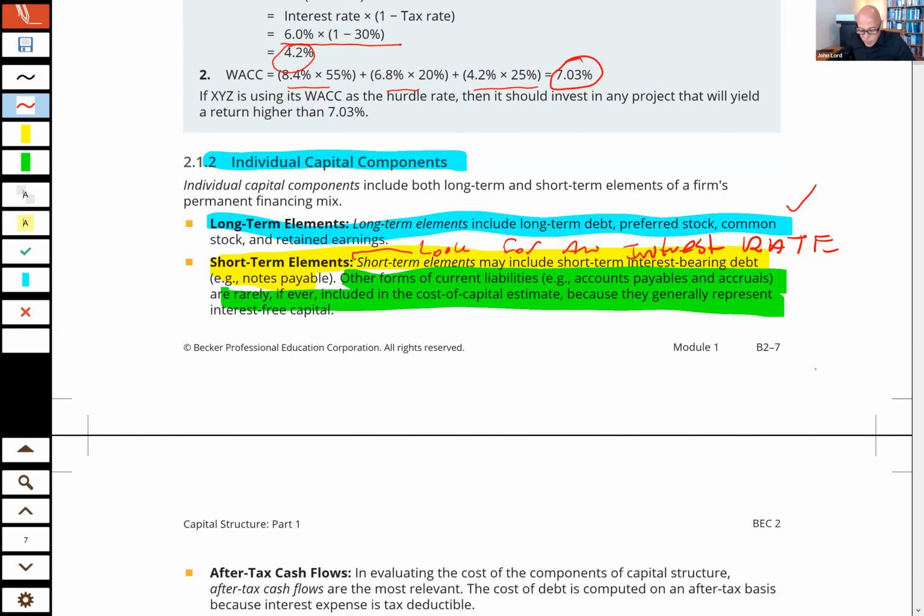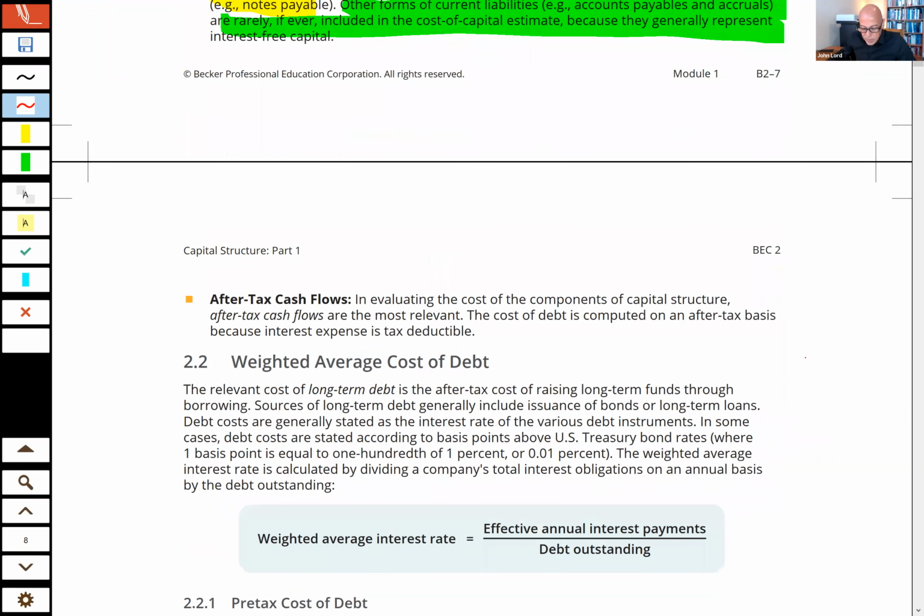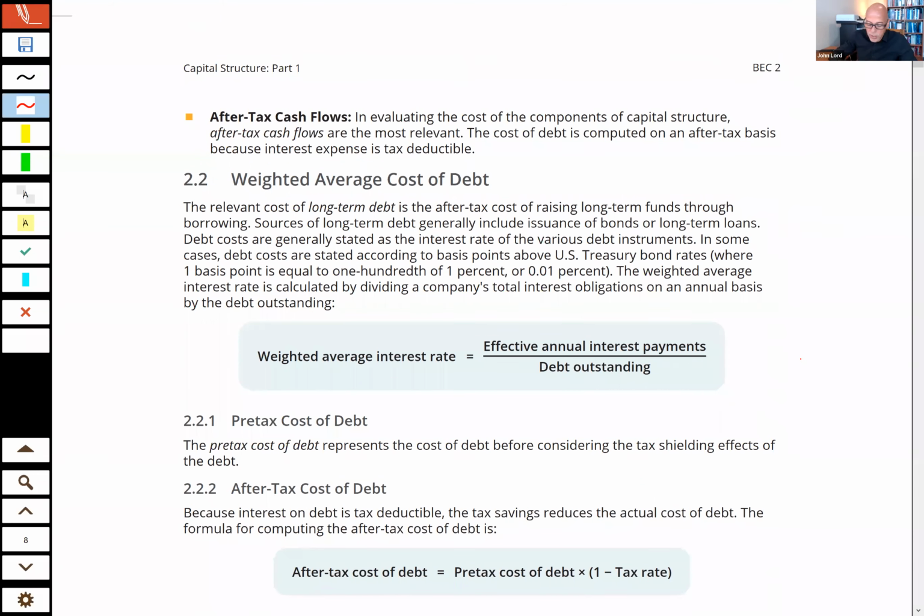Okay, good. Come over and let's take a look at the weighted average cost of debt. Again, we're going to deal with how to calculate that weighted average cost, which was given to us in that example. Now we're going to look at how to calculate them for, again, starting with the debt, and then we'll get into the preferred stock.